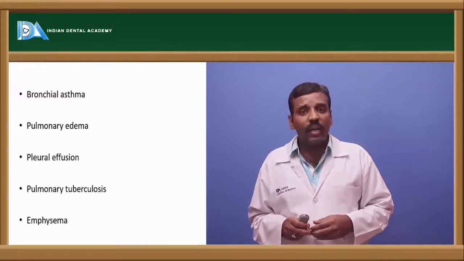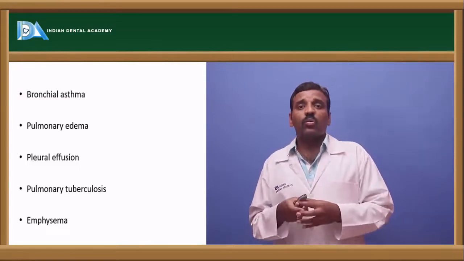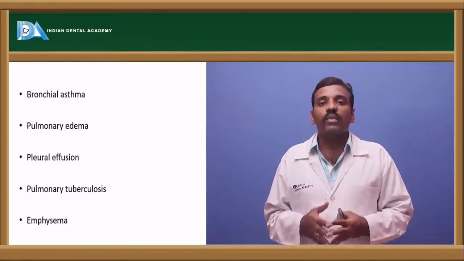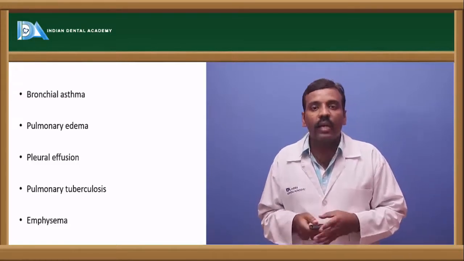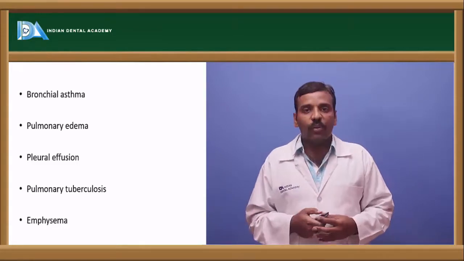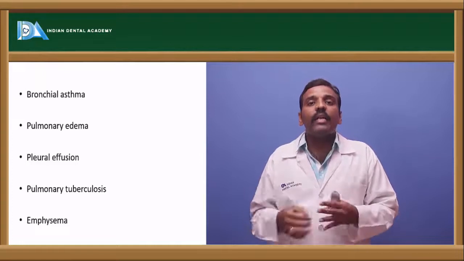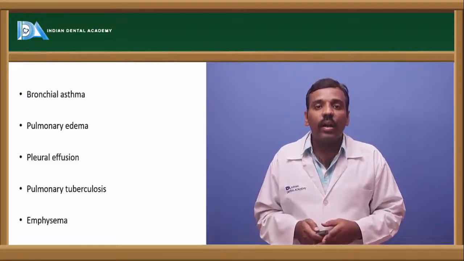And next one is pulmonary edema, in the sense the pleural fluid is increased, that is called pulmonary edema. And pleural effusion, in the sense the pleural fluid is entered into the lungs, is called pleural effusion.